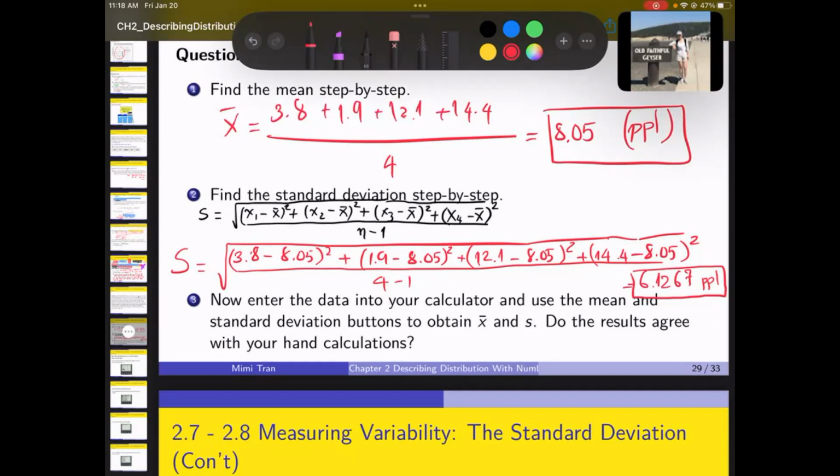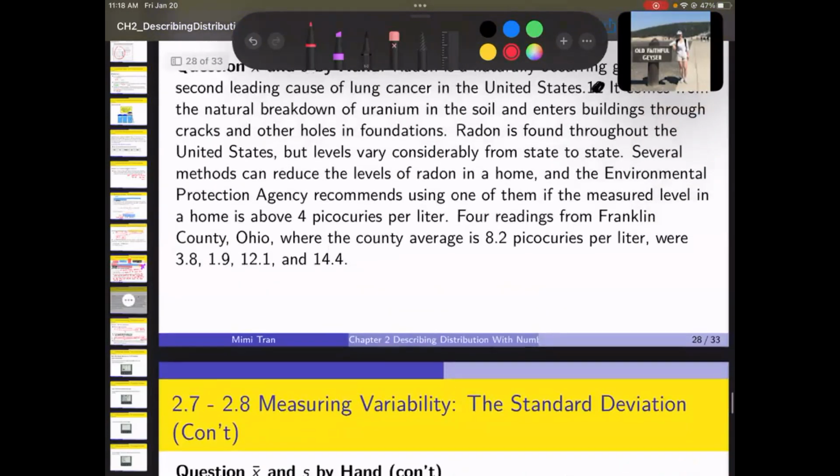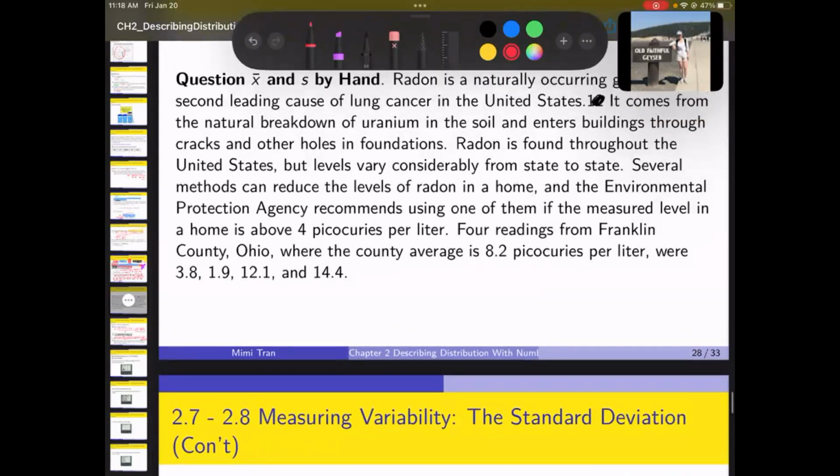You start out with "on average," and then the context: the measured level of radon.